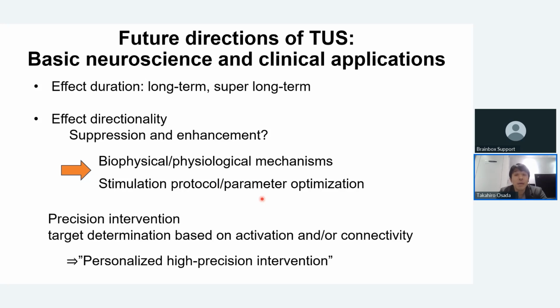As I mentioned, it is preferable to determine the target location based on fMRI activation. Connectivity data provides additional support for target planning. The high focality of TUS further enables a personalized high-precision intervention. This concept holds the potential to advance non-invasive clinical treatment using TUS.